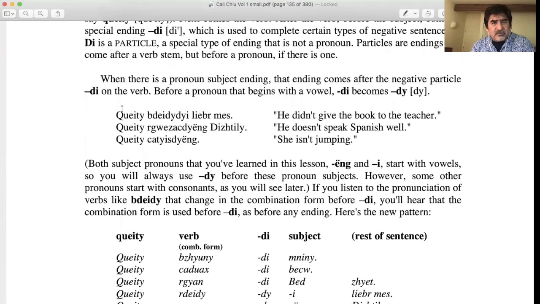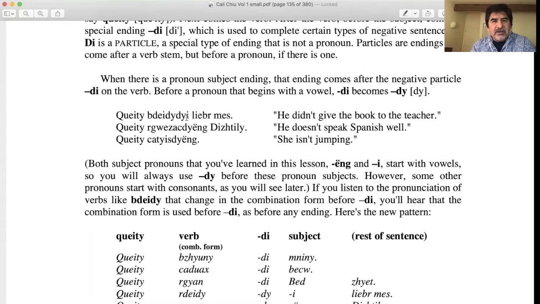So we talked about Kate being the no word, to negate the sentence. And then we said that it comes with either a di or dy particle. In this case, the example means he didn't give the book to the teacher.